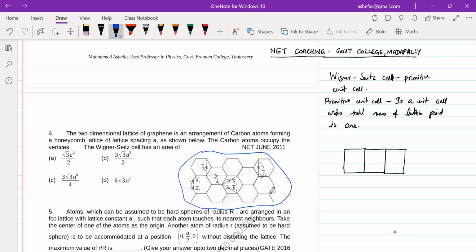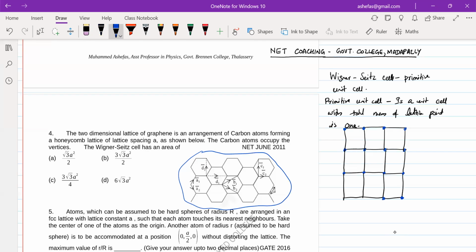In a rectangle lattice, the lattice points are present only at the corners. Okay.